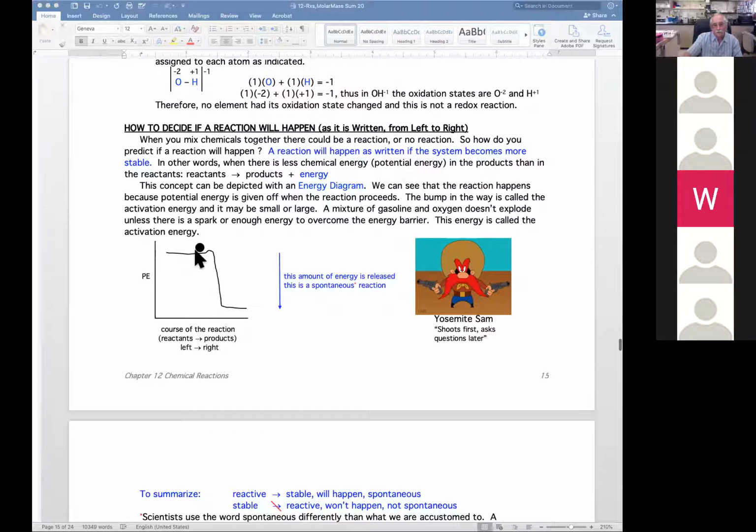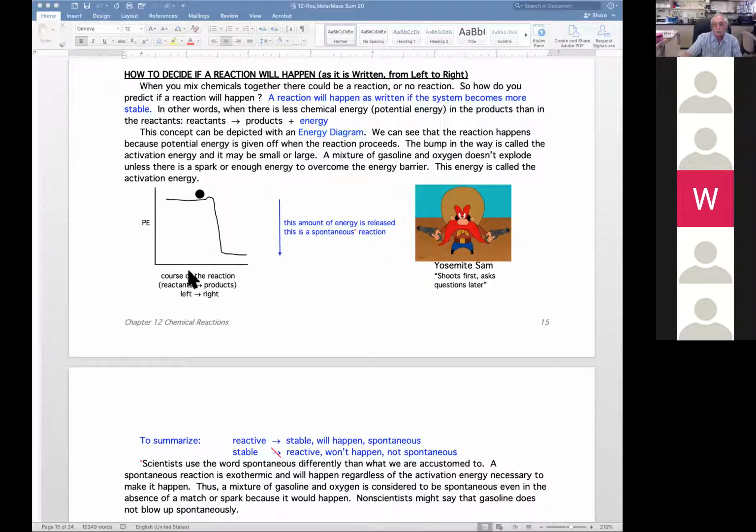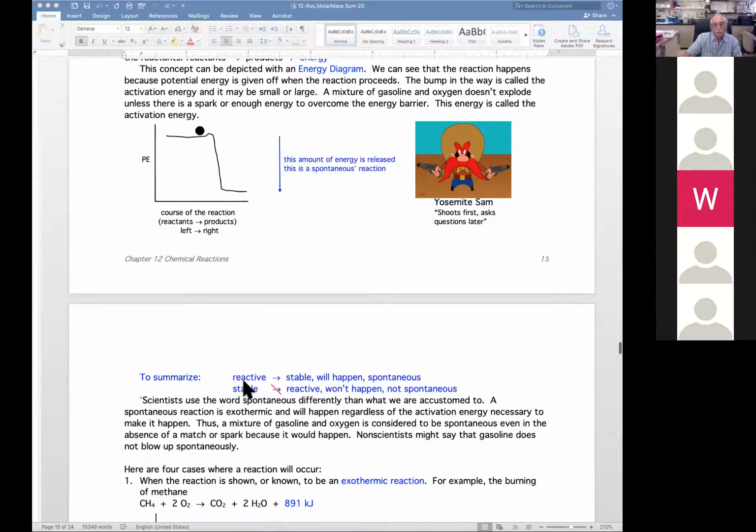So at the same time, I was trying to summarize this as we were going through those examples. So just to summarize, right? Reactive going to stable will happen, is spontaneous.